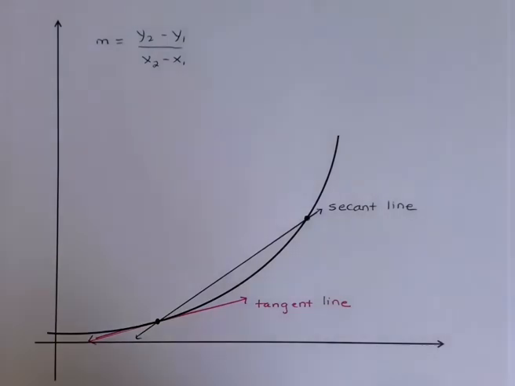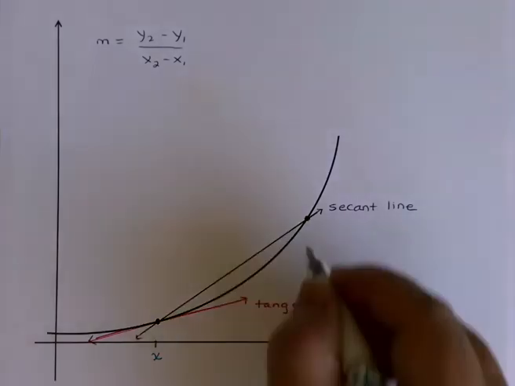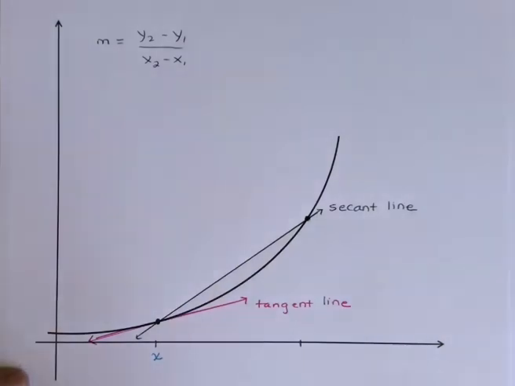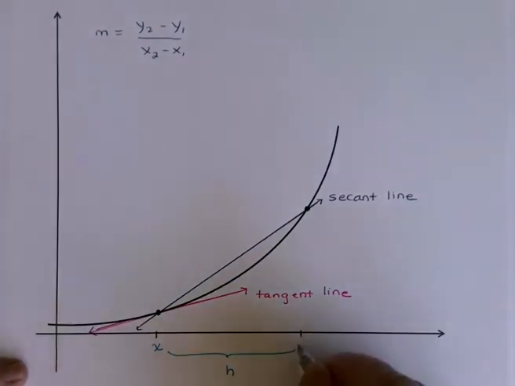Let's go ahead and say that the original point, the one that eventually I want the tangent line slope, I'm going to call that just the x value, just plain old x for right now. And then the x value down here, let's imagine that we've moved over a distance h along the x-axis. So this new x value is just x plus h.